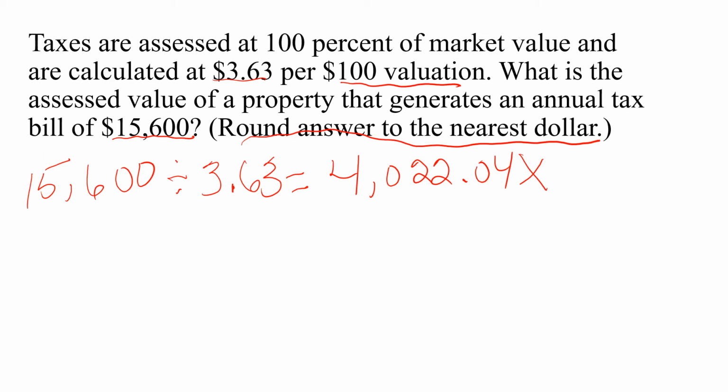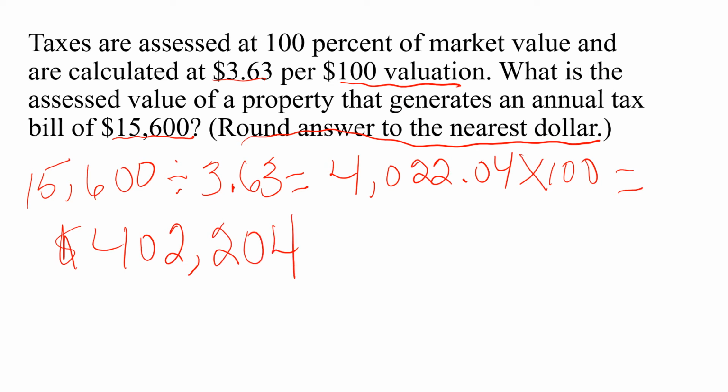In those questions, we were trying to figure out what the tax amount was going to be. Well, now we know what the tax amount is. We're trying to figure out what the property value is. So now we multiply that by 100, which gives us 2 zeros, and we're rounding, so we're going to stop at the nearest dollar. And that's our answer.